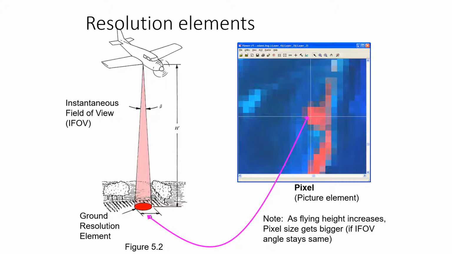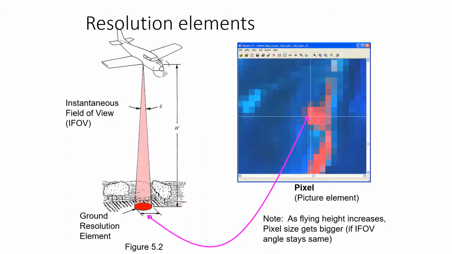What are the elements of resolution? I mentioned before the principal point being where you look straight down from the camera to the ground. This gives us something called an instantaneous field of view. That is literally, if you're looking down from that sensor or the camera, however you want to think about it, the total area on the ground that you see.